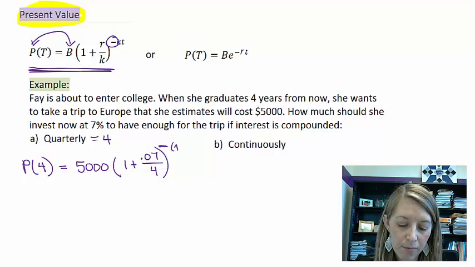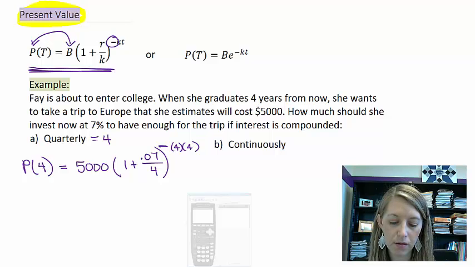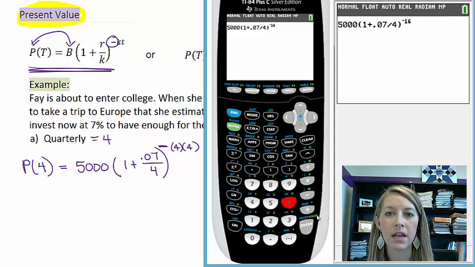The number of times it's compounded is 4 and the amount of years is 4. And so all I need to do is type this in my calculator. So I have 5,000 times 1 plus 0.07 divided by 4, to the negative 4 times 4, which gives me negative 16, so I'm just going to type that in.